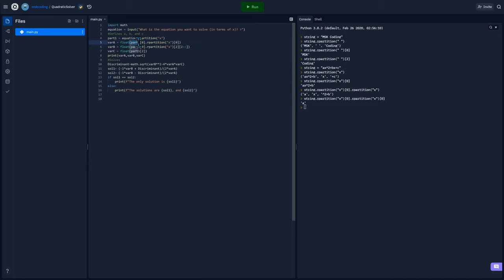So part1 is just string.rpartition of x, then .rpartition of x again, and make it a float to turn it into a number. Then we can use rpartition to get b. So we have squared plus b, because we have this part, which is ax and squared plus b.